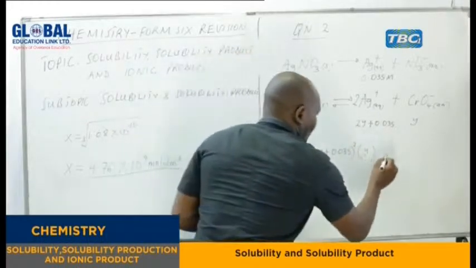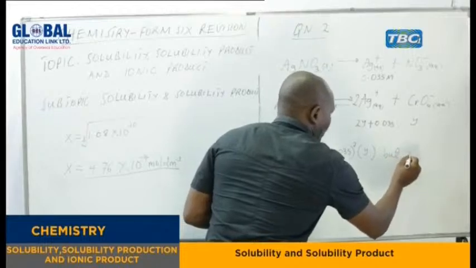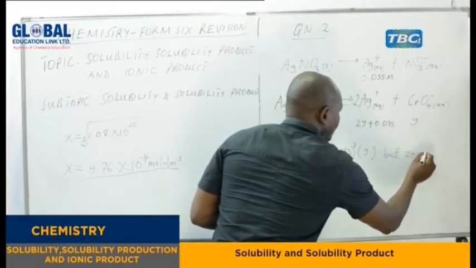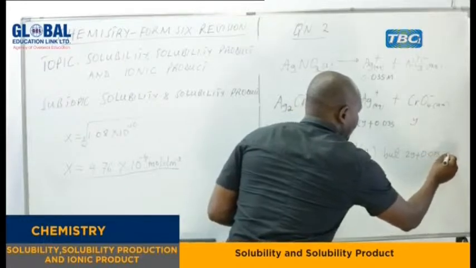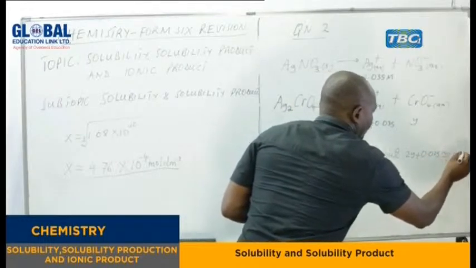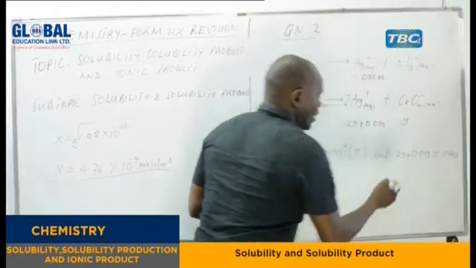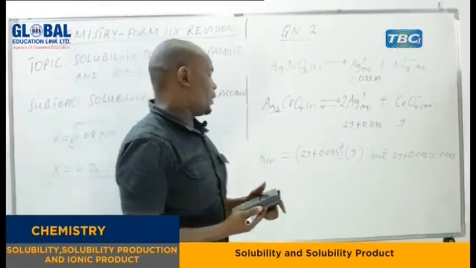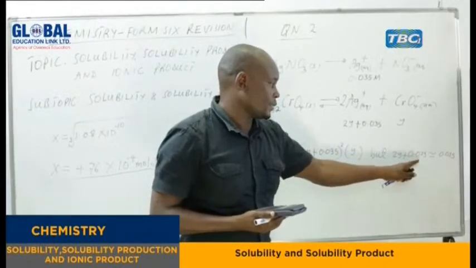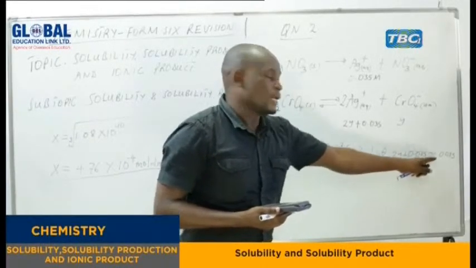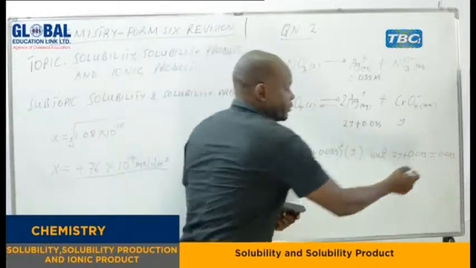But 2Y plus 0.035 is approximately equal to 0.035. Why? This is due to the very small value of Y. So when multiplied by 2 then plus 0.035, it doesn't affect the constant.